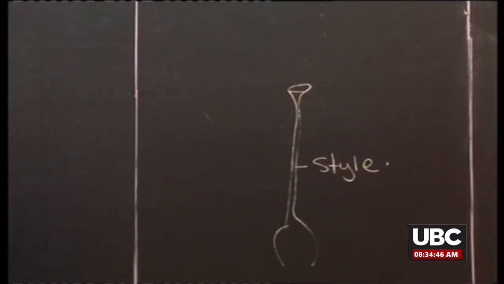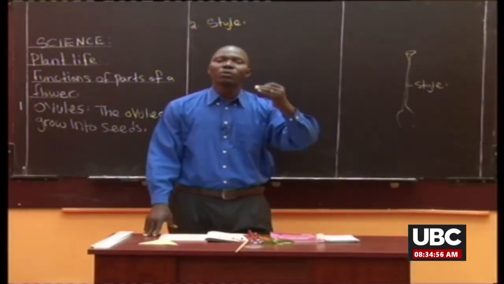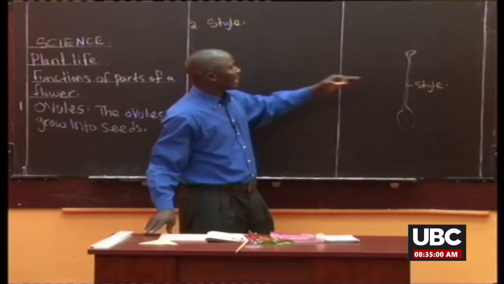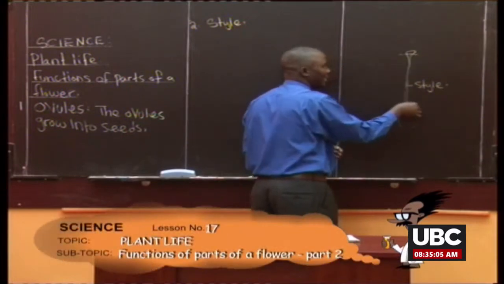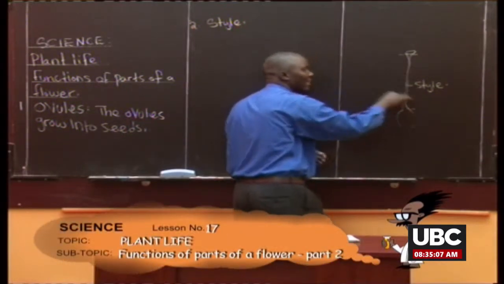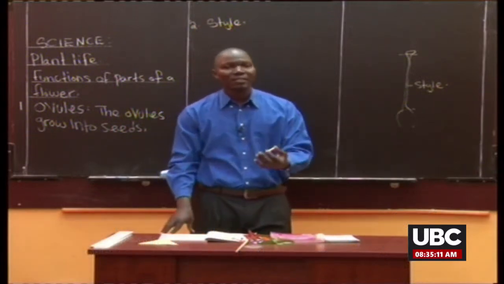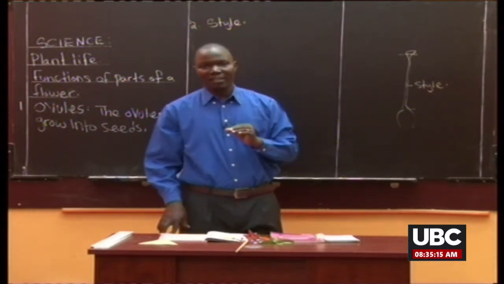Has it got a function? And the answer is yes. What is its use? The style joins the ovary to the stigma. The style joins this part to that part. So we are saying that the style joins the stigma down to the ovary.